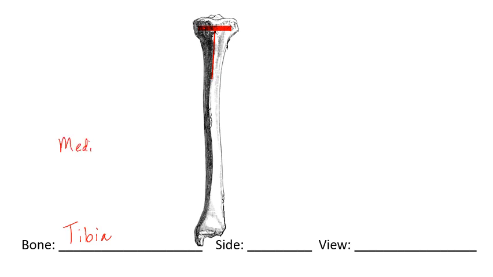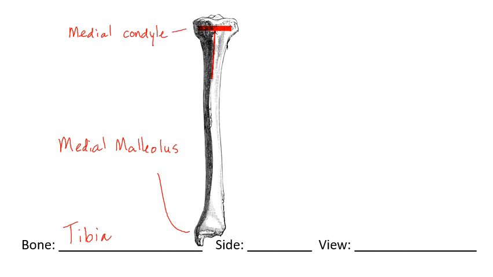Let's first identify the medial side. And the easy way to do this really with the tibia is look for the medial malleus. And that's it right there, our ankle. So if that's the medial malleus, then this needs to be the medial condyle.